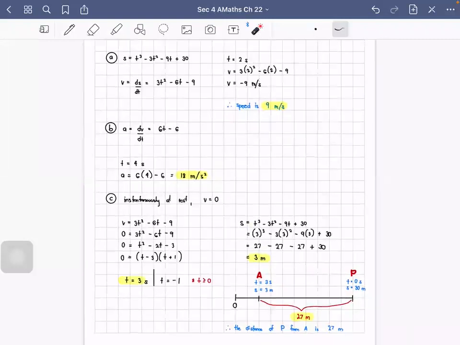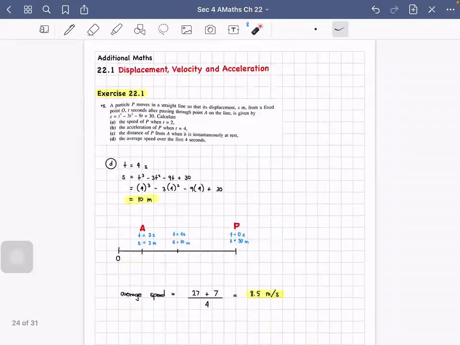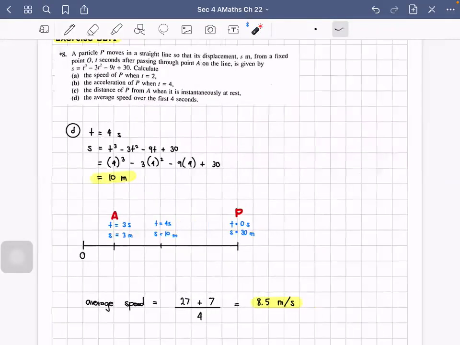Okay, so with that, let's answer letter D. What is the average speed over the first 4 seconds? Given the time is 4 seconds, to get the average speed, I need the total distance, right?